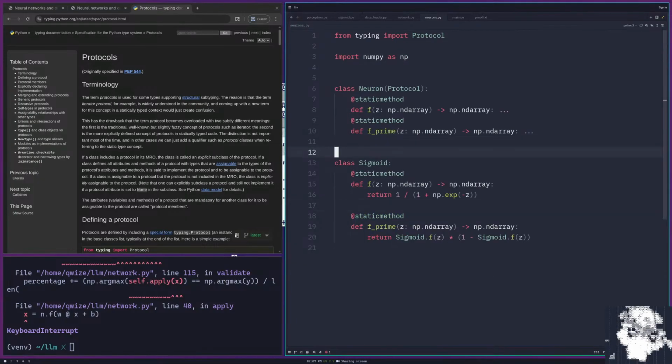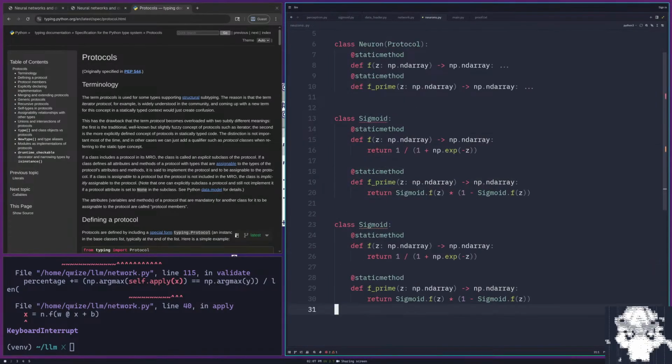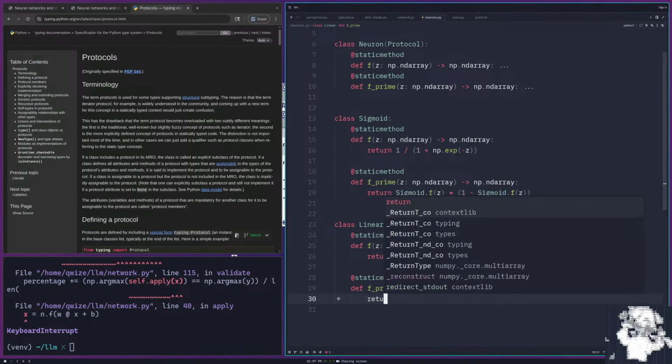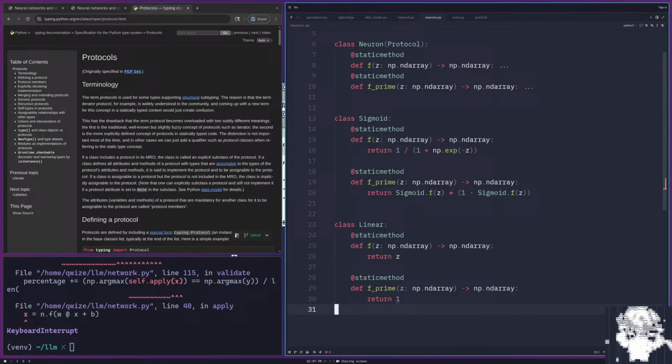Then let's go implement linear. So linear means you just return z, and the derivative of that is just 1. Oh, how do we turn that into an NP array?